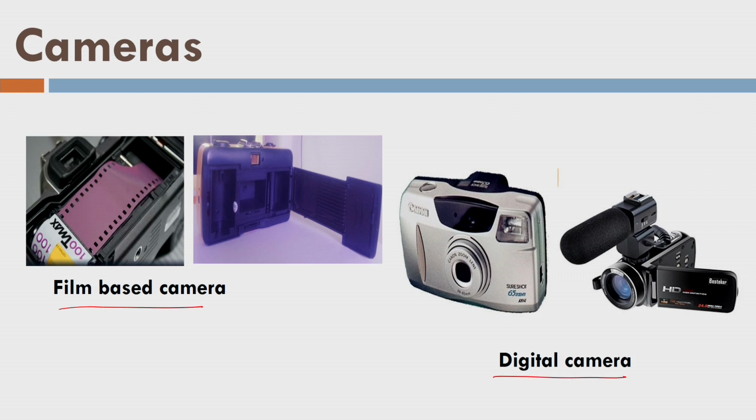In the case of a film based camera, we have a negative film which can be exposed only once to the light. The moment I take the photograph, light enters the camera and exposes the film, and that film cannot be used anymore. As a result, it has to be shifted and a new piece of film has to be placed.